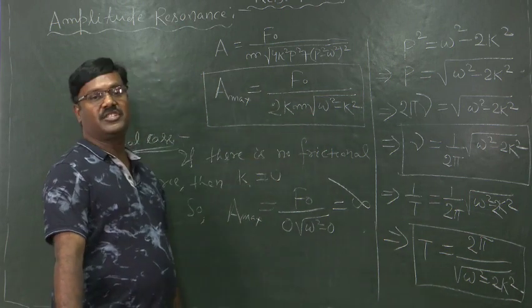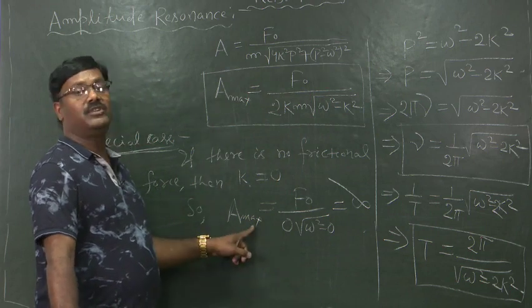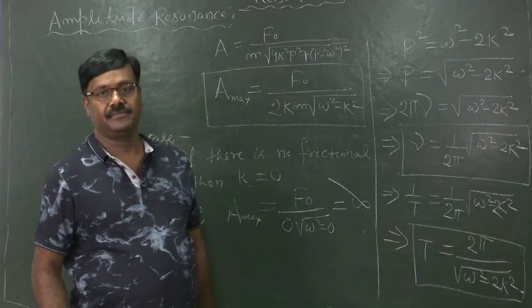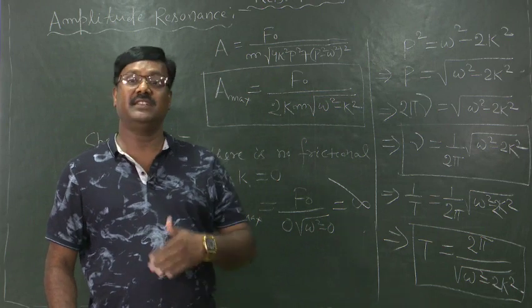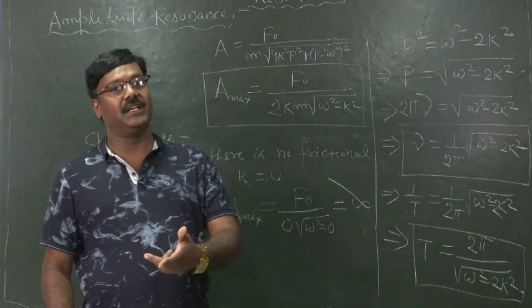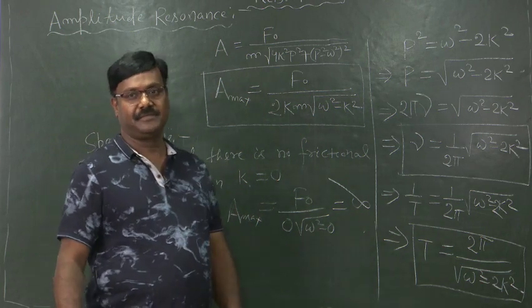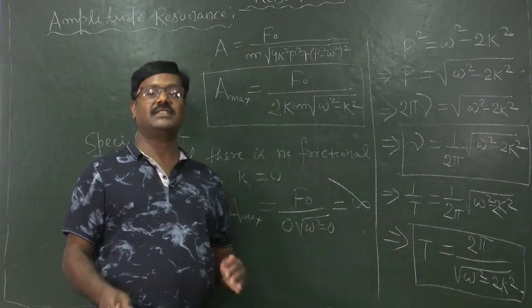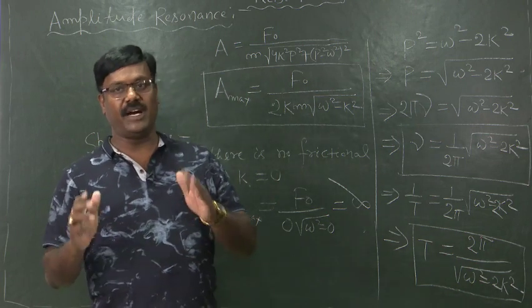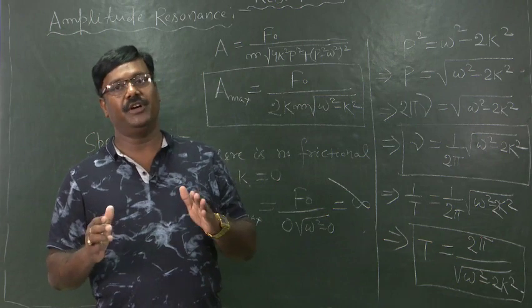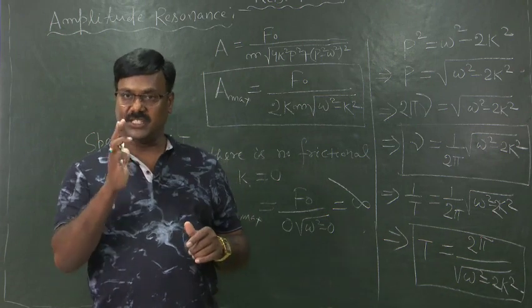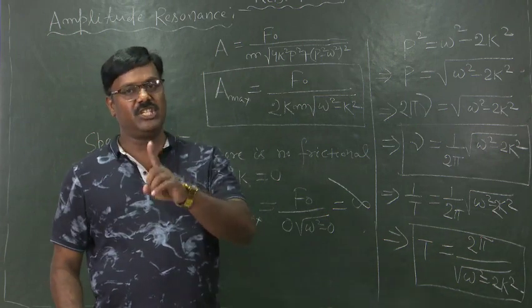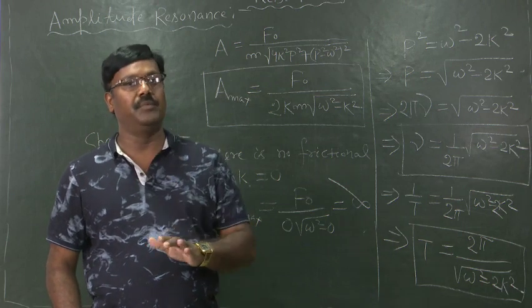And in that situation, the amplitude will become infinity, for which there is a chance of collapsing of that bridge. Hence, the soldiers are warned not to march while passing over a suspension bridge, just to avoid the situation of occurrence of resonance.